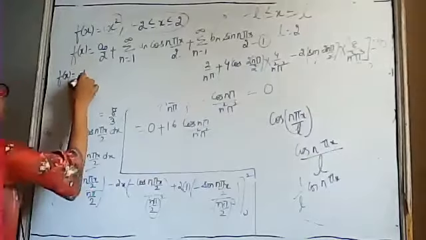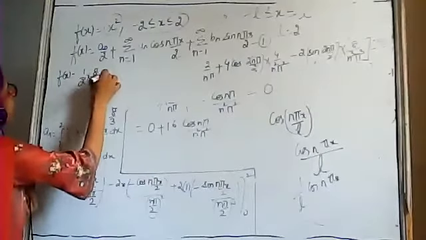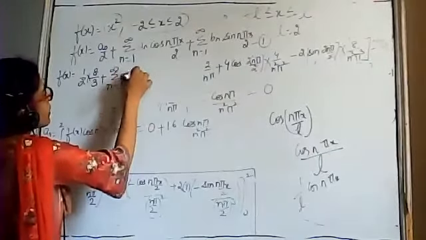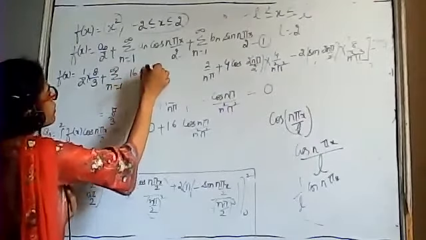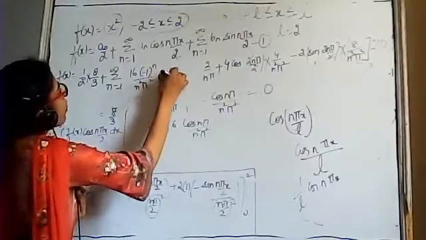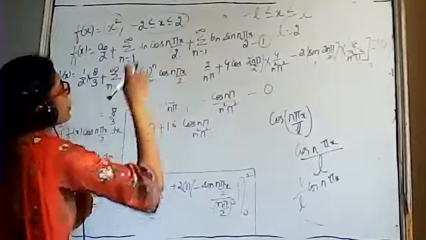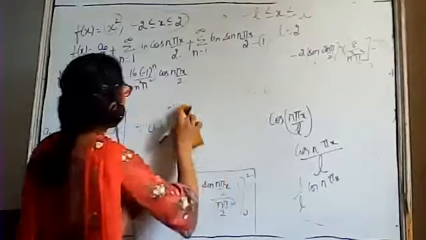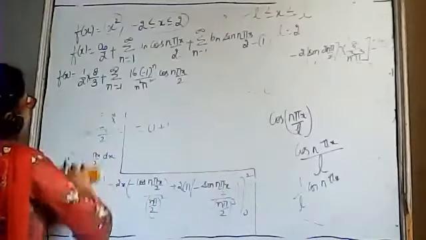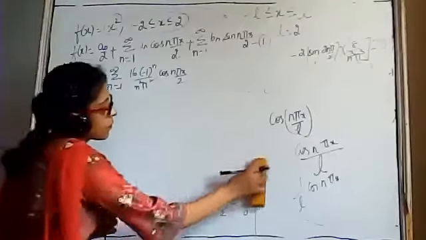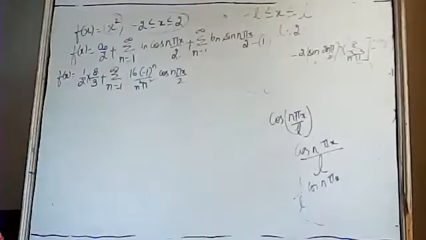This is equal to 1 by 2 into 8 by 3 plus summation n varies from 1 to infinity, and the value of an is 16 into cos n pi, you know, it is minus 1 raised to the power n, upon n square pi square, into cos of n pi x upon 2. And the value of bn is 0. So it will be the required result. That is the required Fourier series.